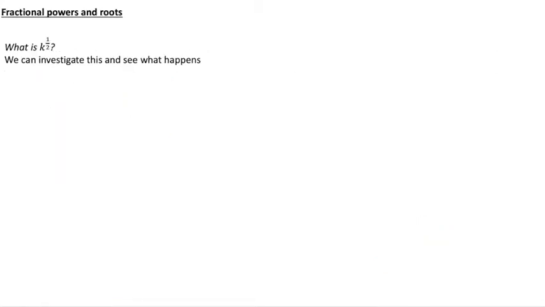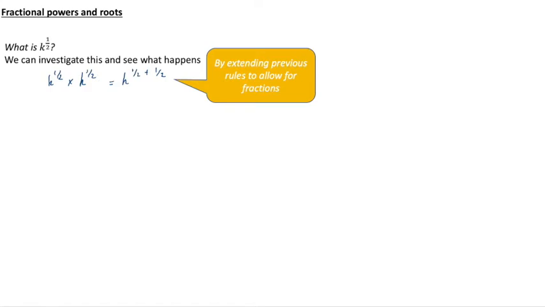Okay, now we move on to fractional powers and roots. So what is k to the power of half? Well, we investigate this and see what happens if we use our previous rules. We want our rules to work for fractions, so we use them to make them work for fractions. If we have k to the power of a half times k to the power of a half, then extending our previous rule, that's equal to k to the half plus a half, and that is equal to k to the power of 1.